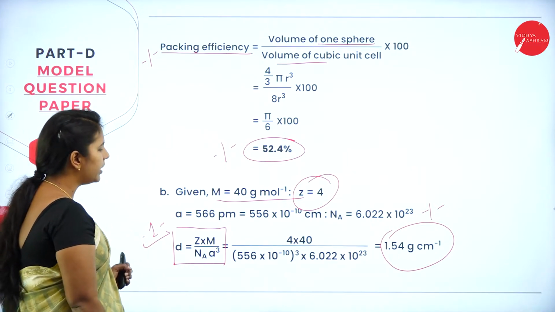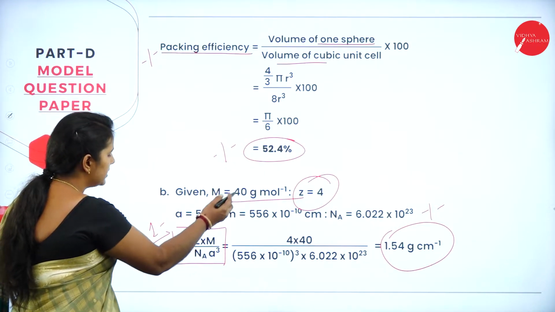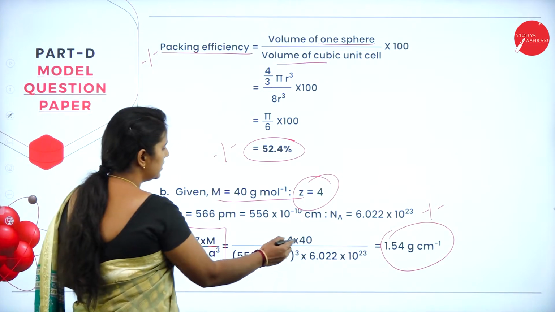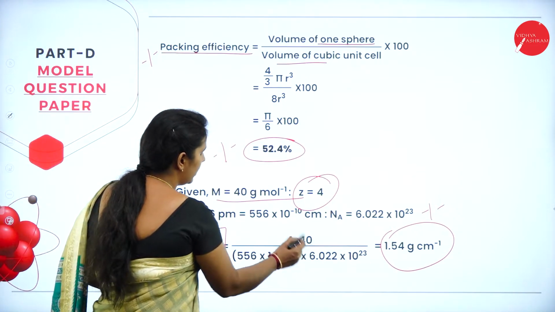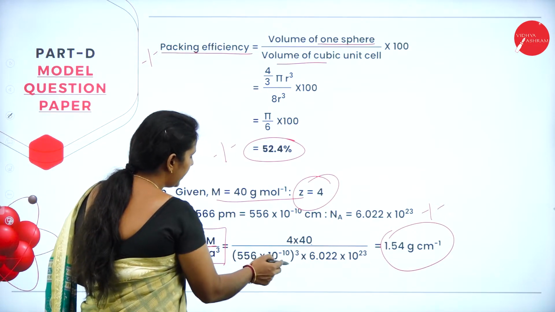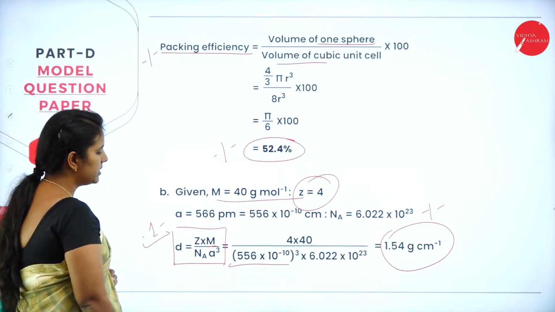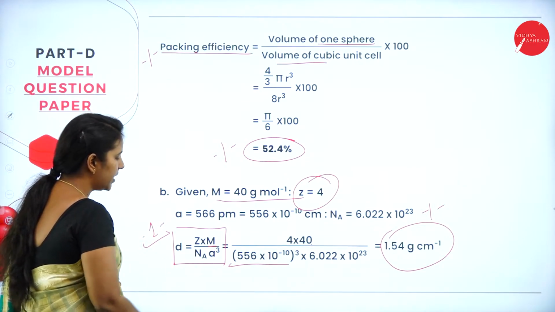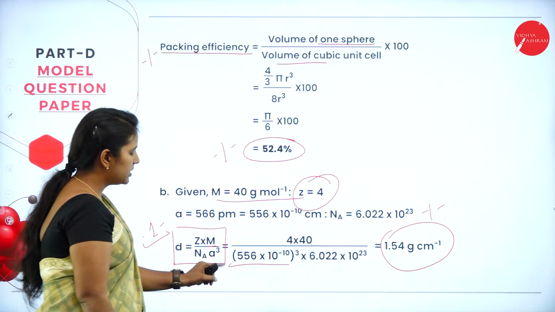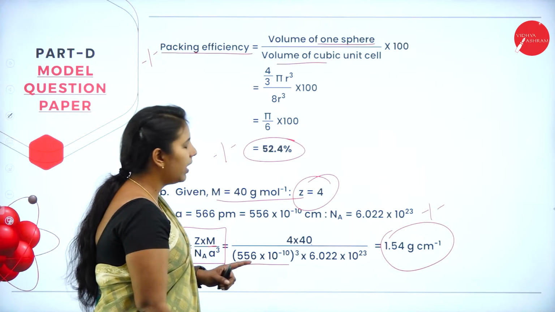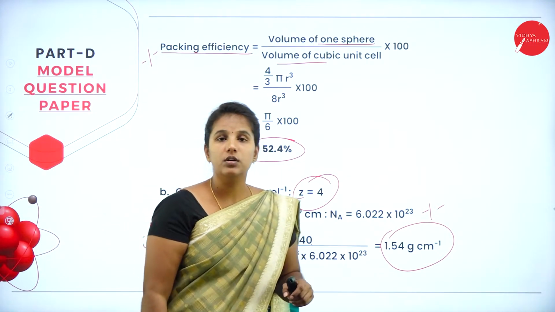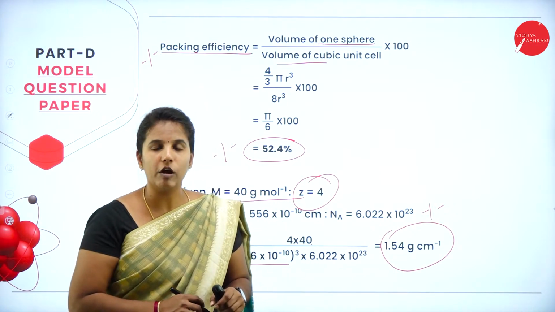Then coming to the numerical, we have Z equal to 4, into mass, that is the atomic mass of calcium, 40, divided by edge length 556 into 10 raised to the power of minus 10, whole cube, because it is A cube, into Avogadro number, that is 6.022 into 10 raised to the power of 23.